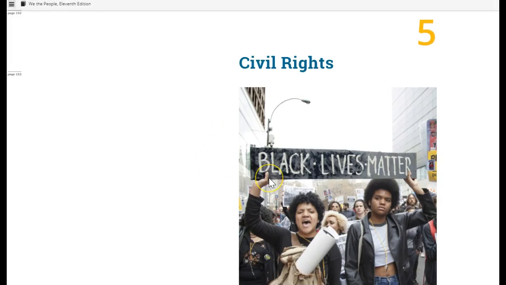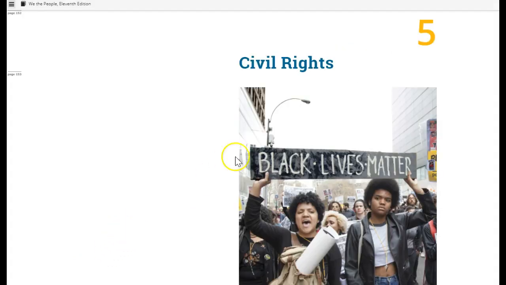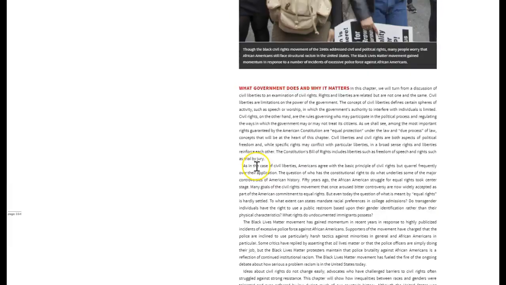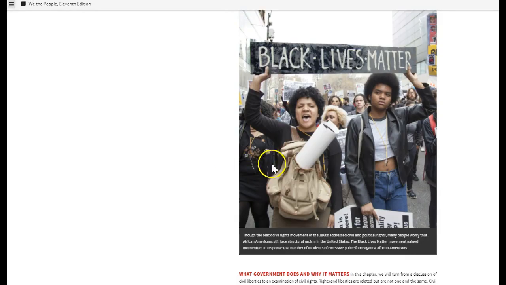So now the thing is, it's not bad that it's talking about Black Lives Matter, of course, but I am rather concerned because it's just at the beginning of the chapter, and it's not like a sidebar thing, especially because we don't really know where this is going right now, since this Black Lives Matter movement is not really that old. So in a history class, it's very odd to see.